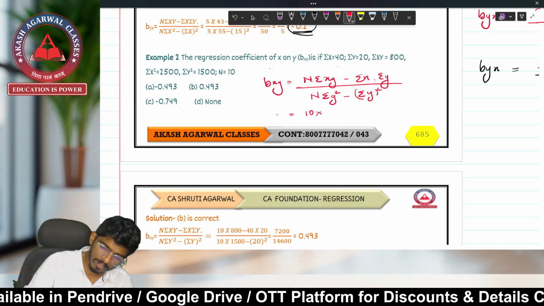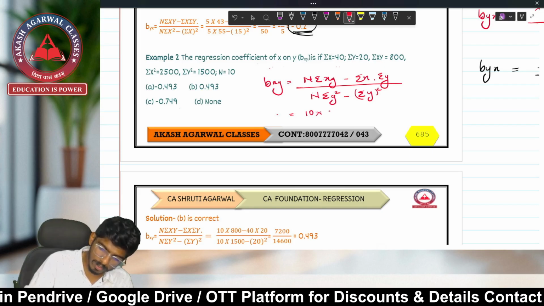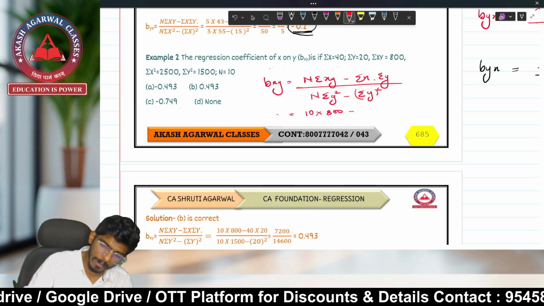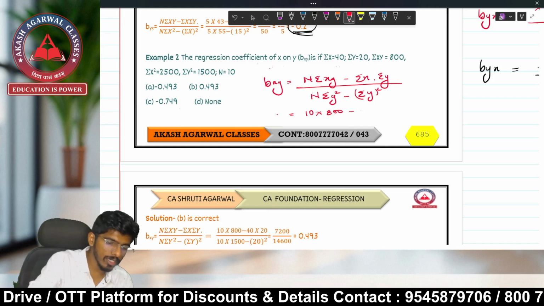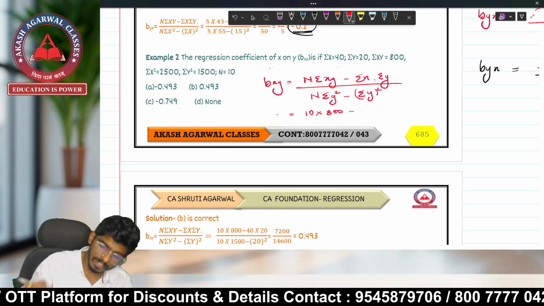N is 10. 10 into summation of xy is going to be 800, minus summation of x is 40. So this is going to be 40 into 20, 800.